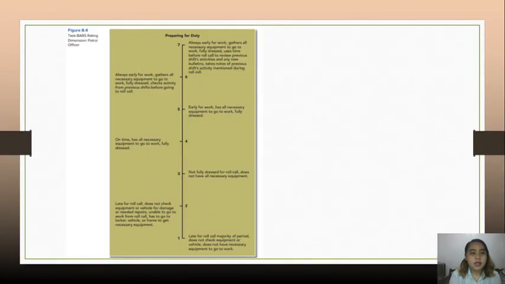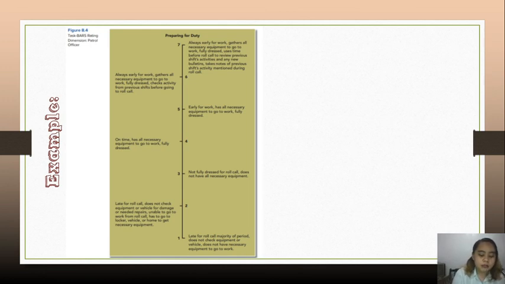So, for example here, the scale in the figure shows the various performance levels of the behavior which is preparing for duty. The statement at the top, which is the rating 7, describes the highest level of performance of preparing for duty. And the statement at the bottom, which is the rating 1, describes the behavior associated with poor performance.